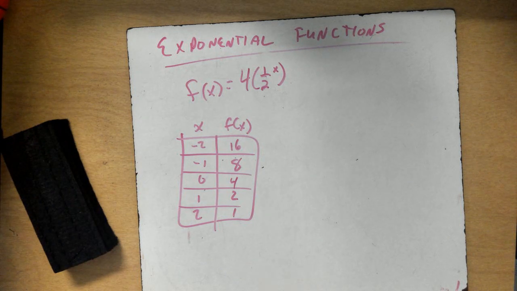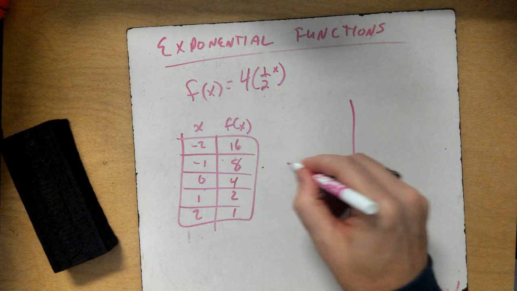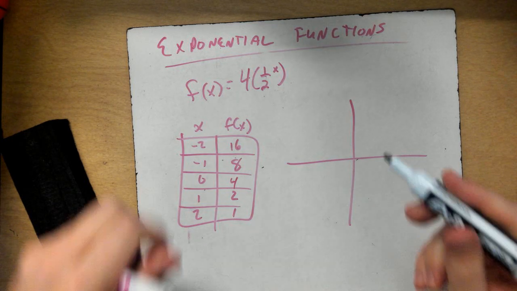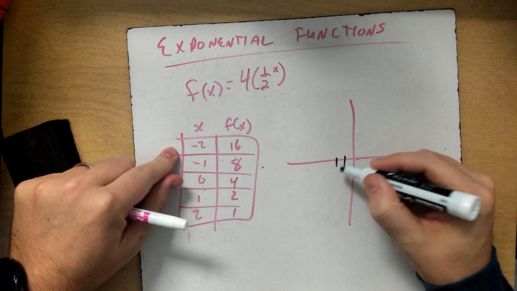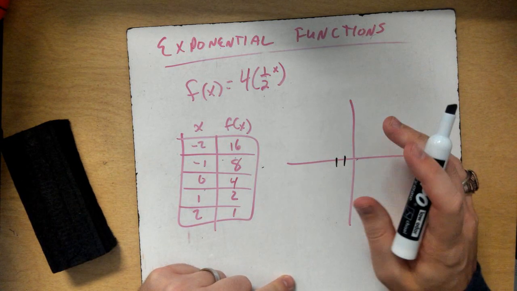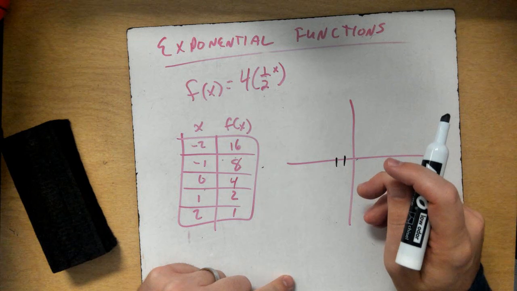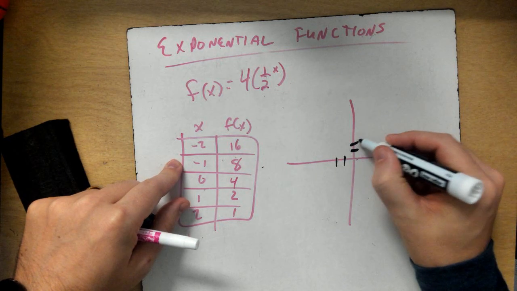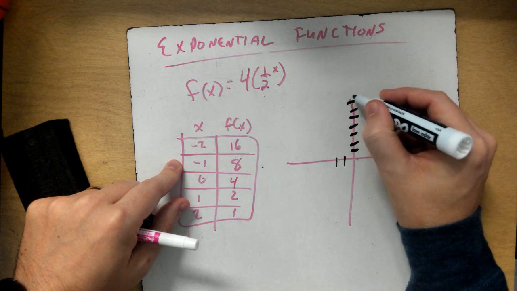So now when I draw my graph here, I plot my points. So x is -2, so -2, 16. So that's way up here. I'm not even going to bother to draw that one, because it's going to be way up here. -1 and 8, so if I do 1, 2, 3, 4, 5, 6, 7, 8.